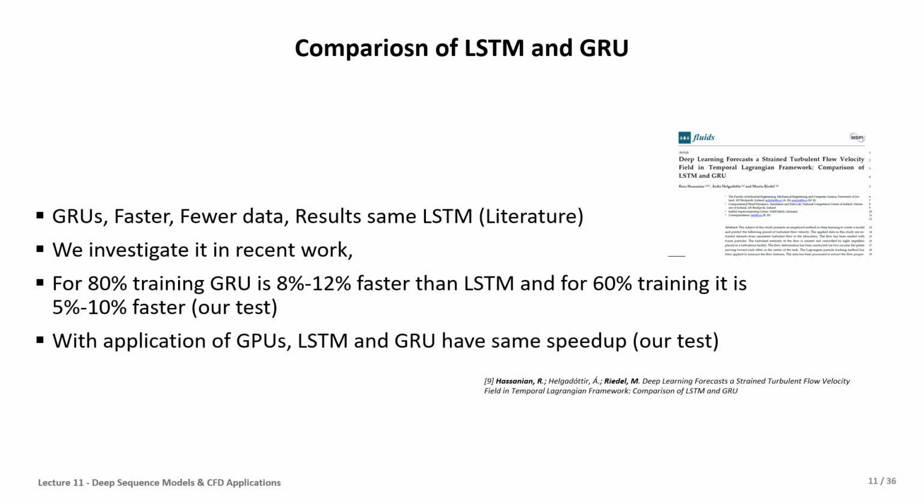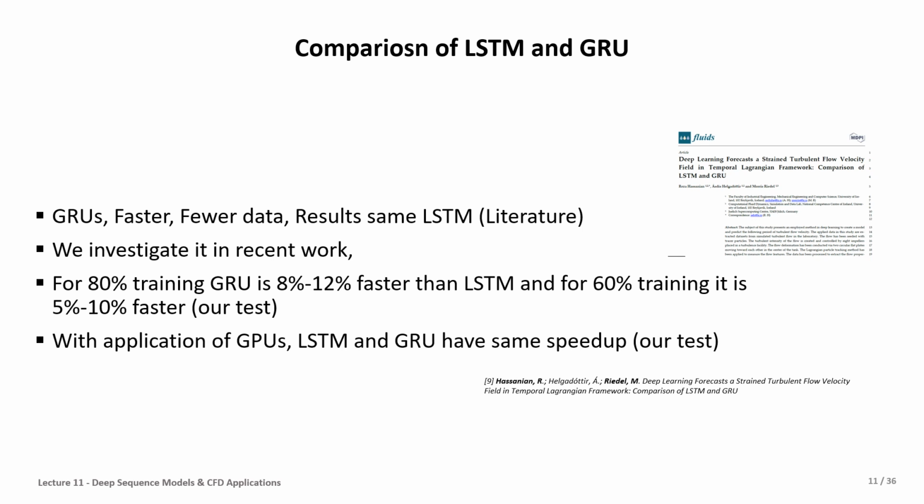Regarding the comparison of these two models, we applied them to data from turbulent flow. In the recent work, we used 80% for training, and the comparison between GRU and LSTM shows the GRU is 8 to 12% faster than LSTM. With 60% training, it is 5 to 10% faster.